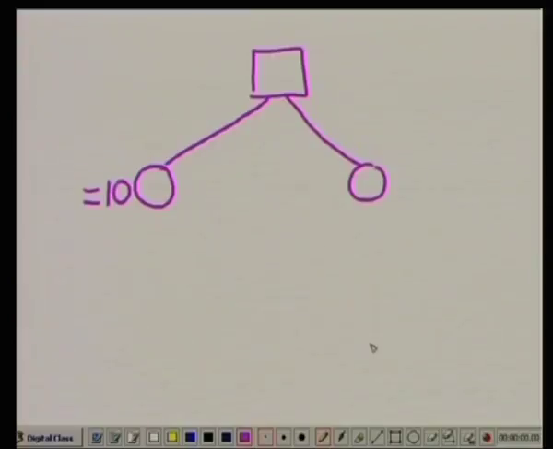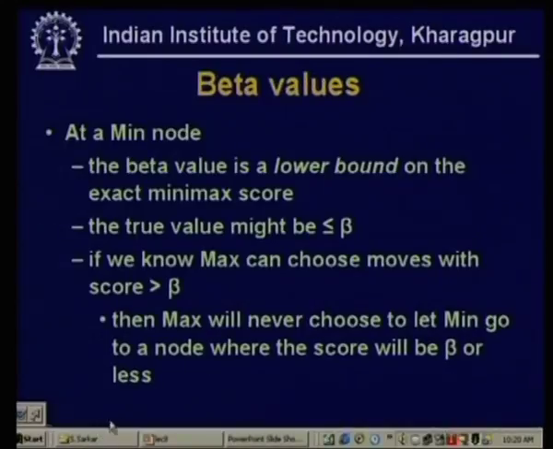So, there is a min successor whose beta value is equal to 7. Since the beta value is an upper bound, the actual value of this node is less than or equal to 7. Because max is a maximizing node, max will always prefer this path to this path. So, this path need not be explored any further. So, this is the sense of beta cutoff.